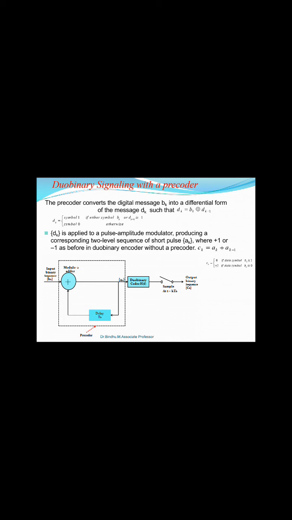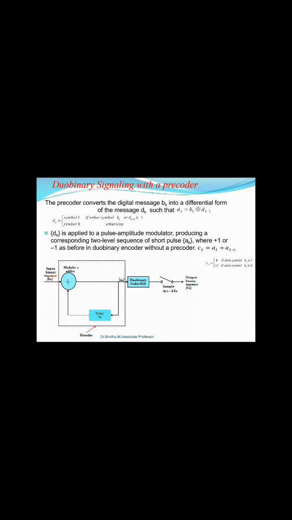The precoder element is capable of doing a differential operation on the message input. Therefore, the differential output is denoted by dk equals bk modulo 2 added, or an XOR operation, with dk minus 1. So k minus 1 denotes that it is from the previous bit information, and bk is the present input bit stream.